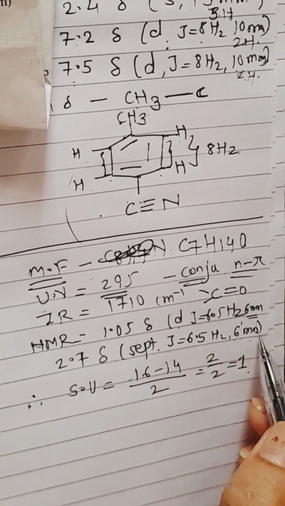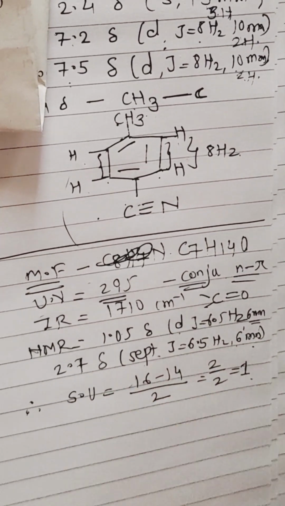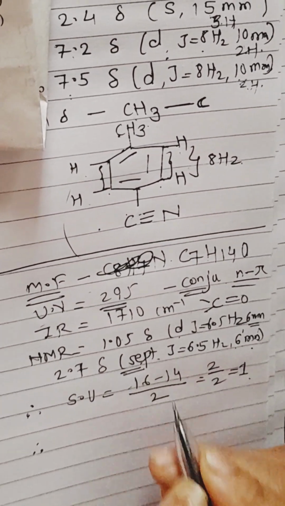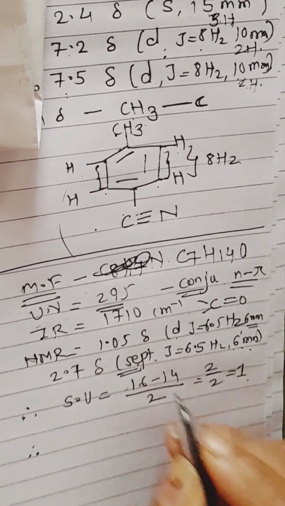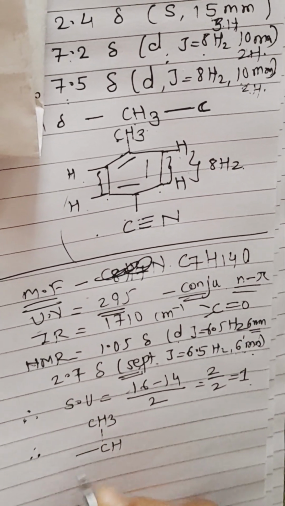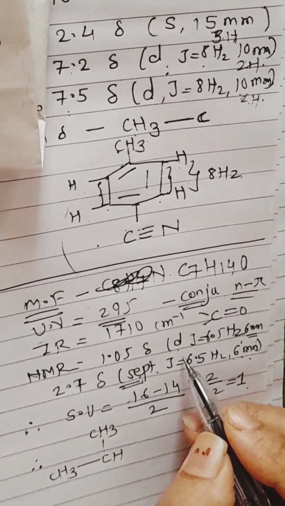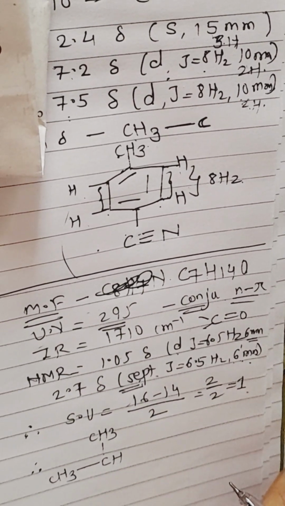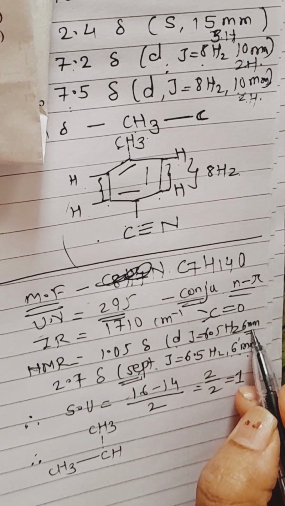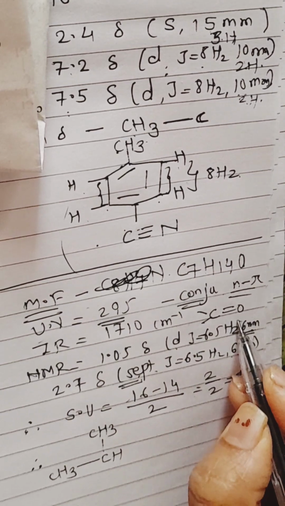Actually this cannot be matched with the given delta values, so I consider this one a septet. A septet means one proton is split like this, and the other signal is a doublet.